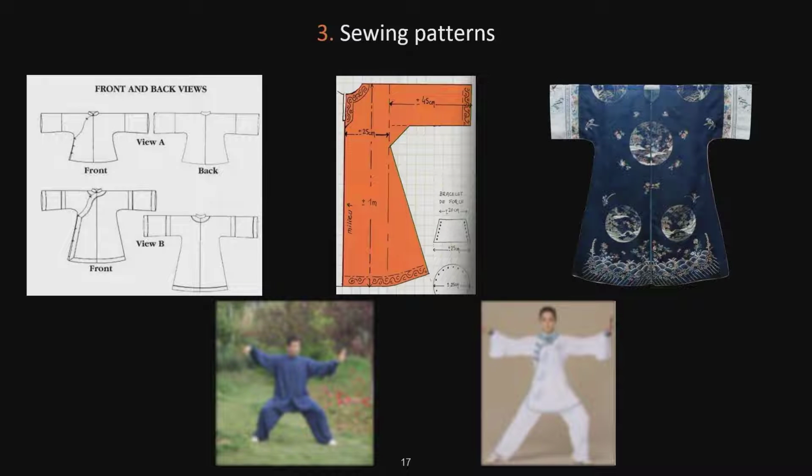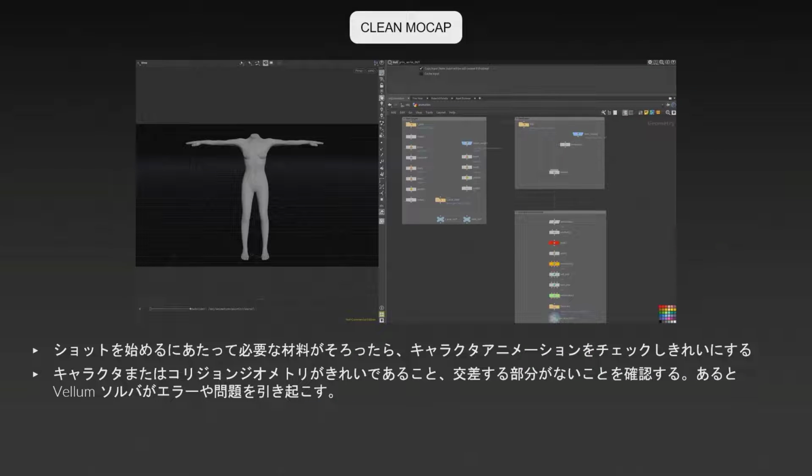Making clothing in Houdini is really similar to making clothing in real life, where you create different panels of material and stitch them together.